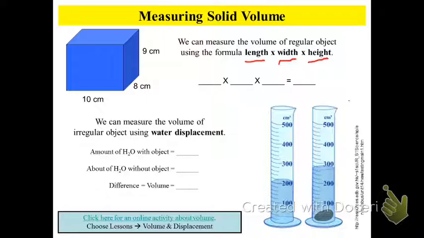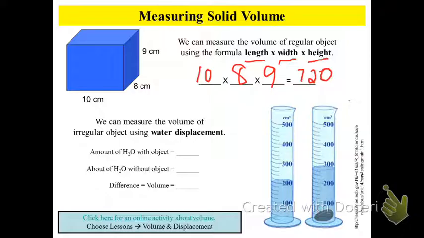So there's number 11, and as we look at number 12, it wants to know what is the volume of the cube in this picture. Now these numbers are pretty interchangeable, and it doesn't matter which order we put them in, but we've got 10 times 8 times 9. So 10 times 8 is 80. 80 times 9 is 720, and the biggest thing I've been trying to remind you this whole unit is that you can't forget your units.